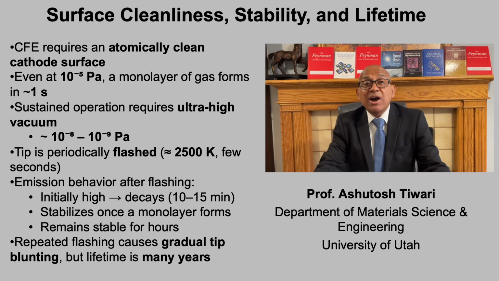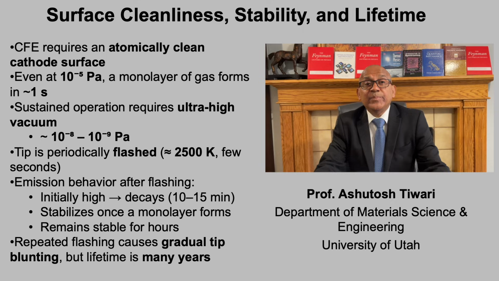To appreciate how severe this requirement is, note that even at a vacuum level of 10^-5 pascals, a complete monolayer of gas molecules can be deposited on the tip every second. For this reason, sustained cold field emission operation requires ultra-high vacuum, typically in the range of 10^-8 to 10^-9 pascals.